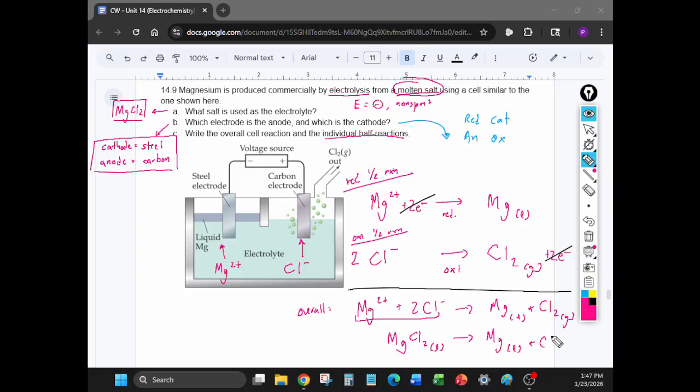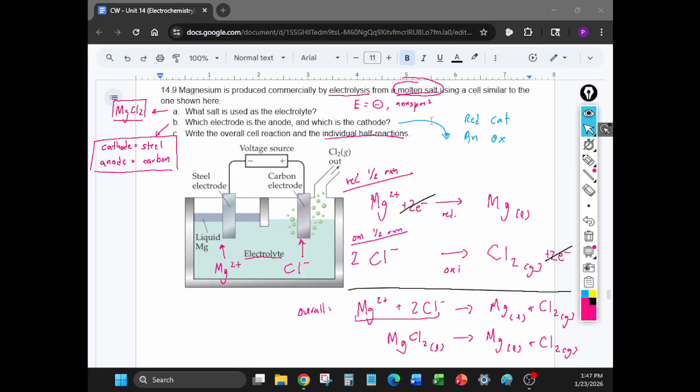Okay, not totally necessary because the image tells you electrolyte, and electrolyte means it's ionized, so this is fine. But the question says molten salt, so we can also infer that it is a liquid salt. So that is an example of another electrolytic cell problem.